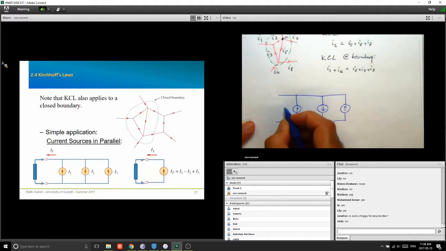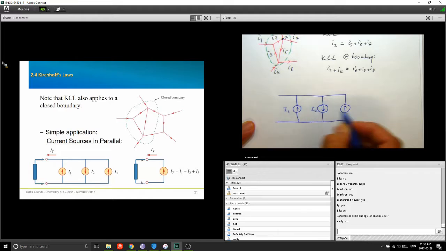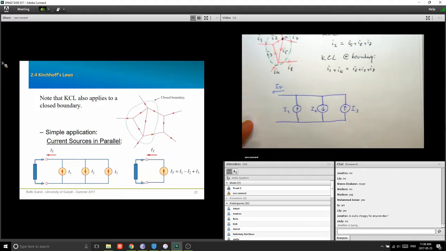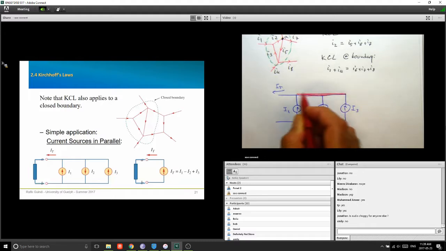So I have I1, I2, I3. I want to know how much is this current, IT. So I'm going to write a KCL at this node. It's all one node, remember?